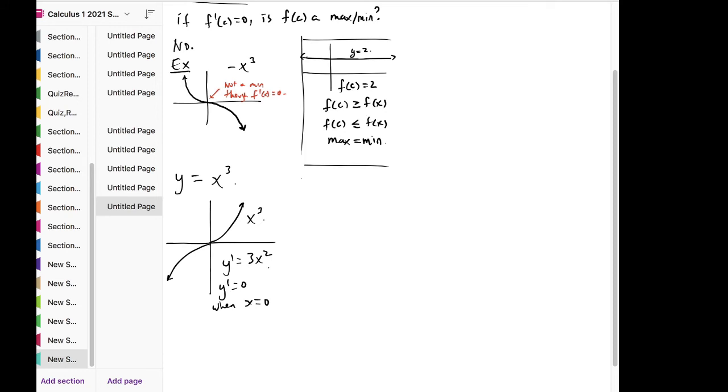Okay, so now let's talk about how to find absolute maximum and minimum values. When do maxes and mins exist?